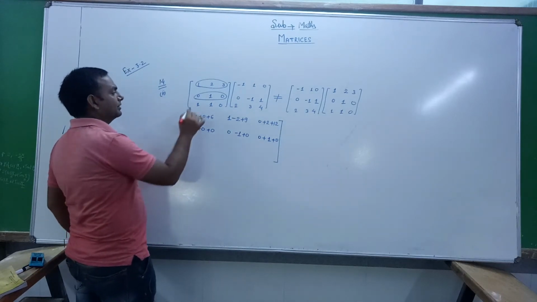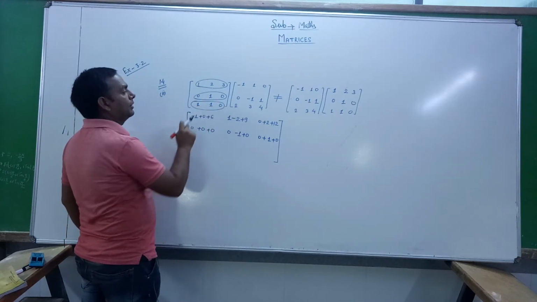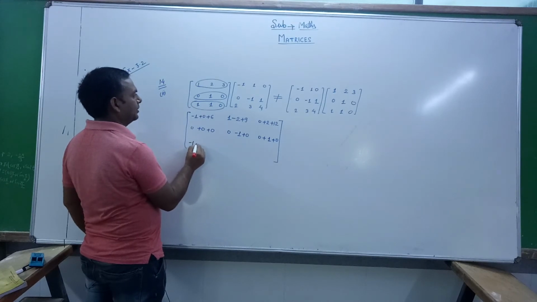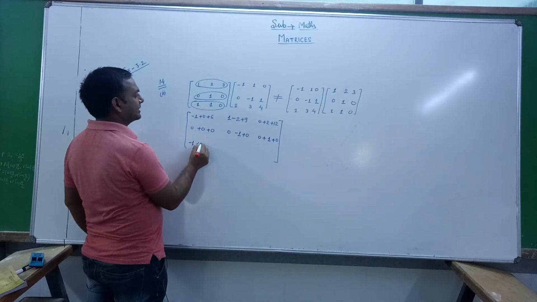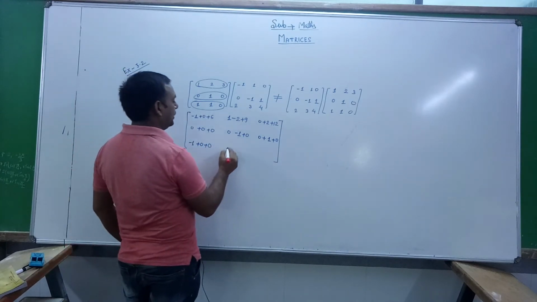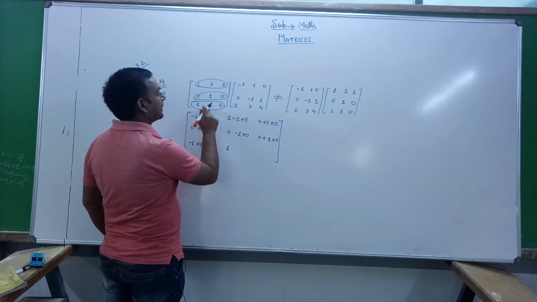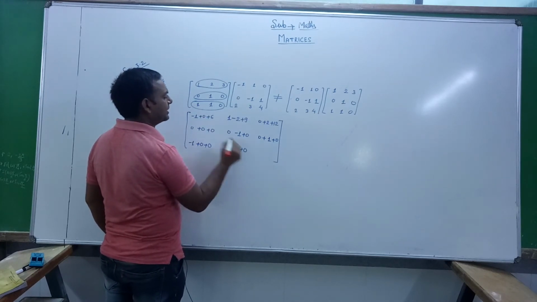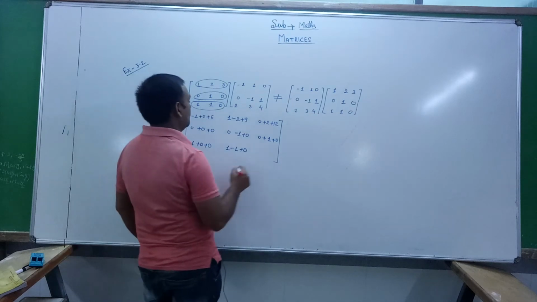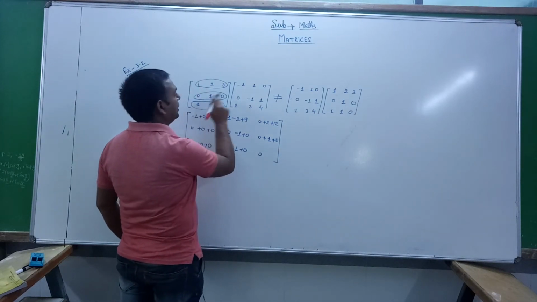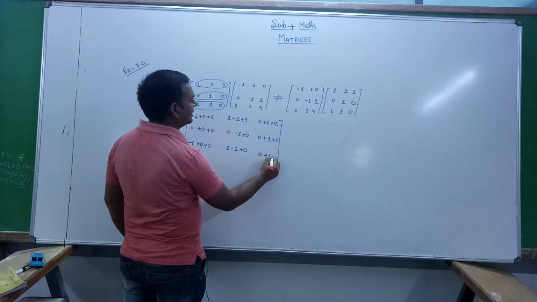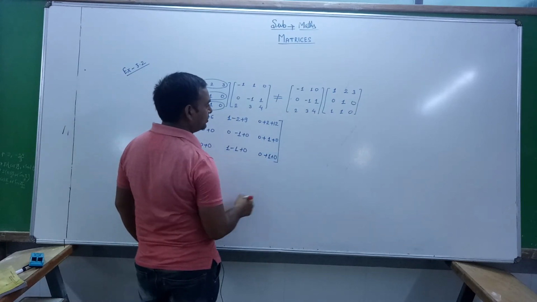Next, for the third row: 1 times minus 1 is minus 1, plus 1 times 0 is 0, 0 times 2 is 0. Then 1 times 1 is 1, 1 times minus 1 is minus 1, 0 times 3 is 0. Then 1 times 0 is 0, 1 times 0 is 0, 1 times 1 is 1, plus 0 times 4 is 0.